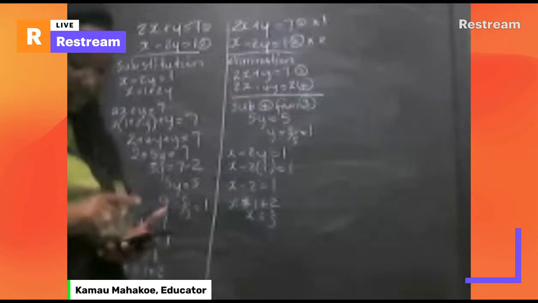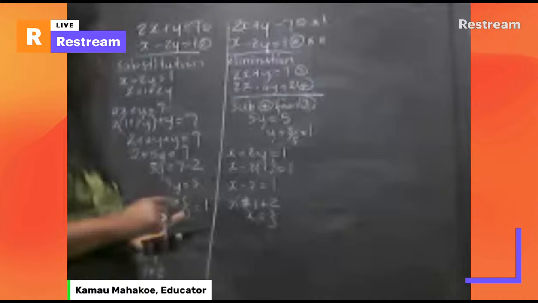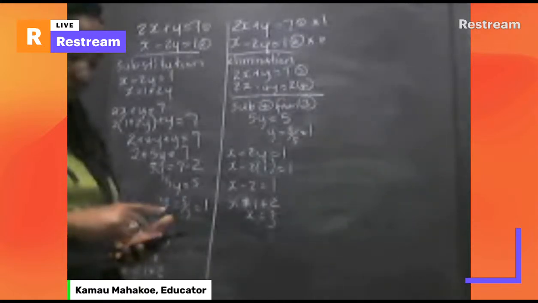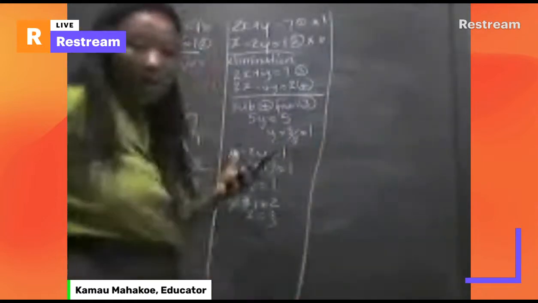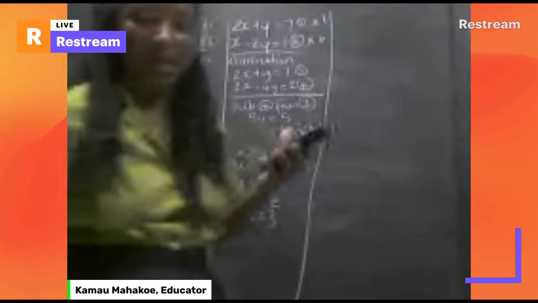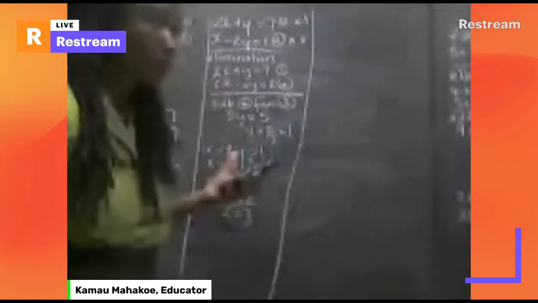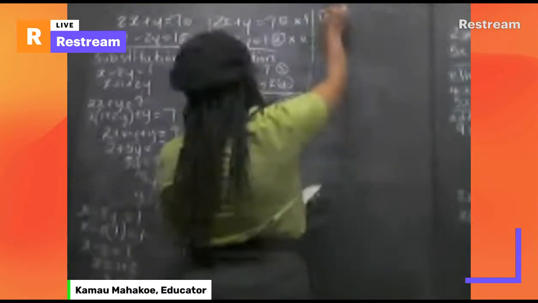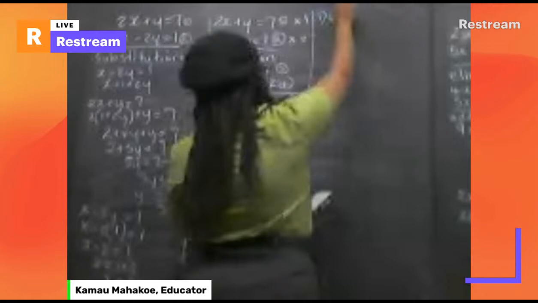Now, part of the question wants us to factorize. So again, we have a difference of squares. Let me adjust even further for you. We have 4y squared minus z squared.